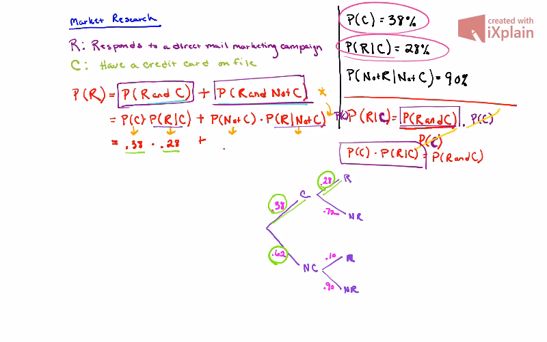So that will go here. And we're going to multiply that by the probability of responding, given that you don't have a credit card. So that is going to be 10%.